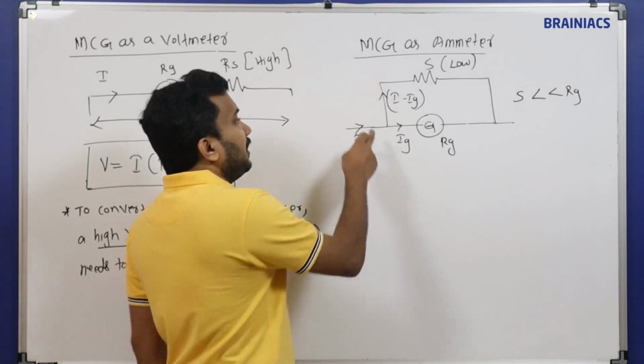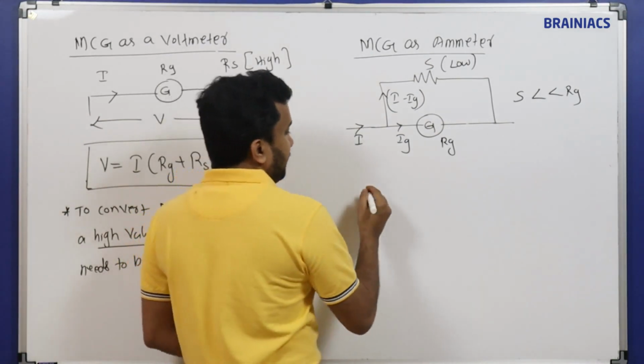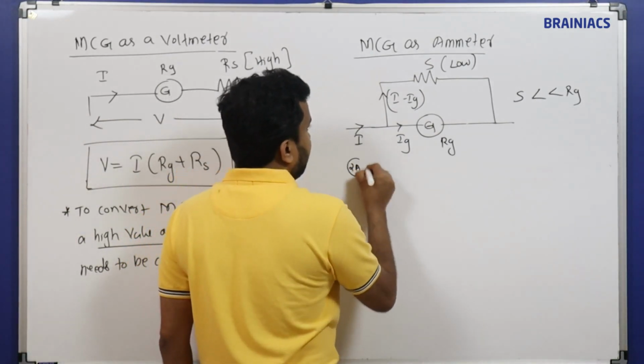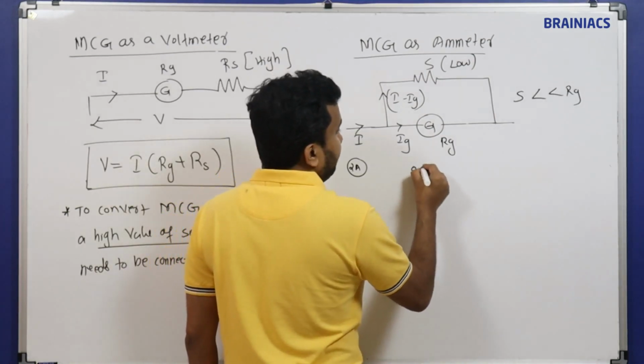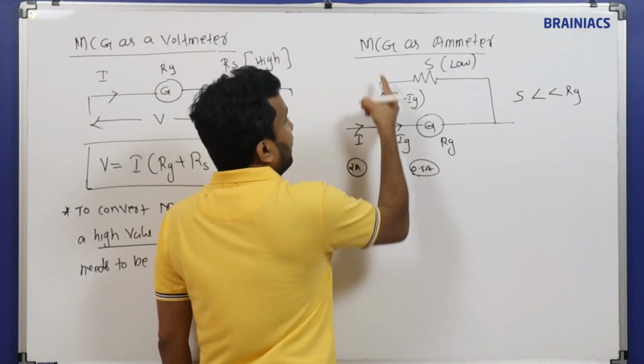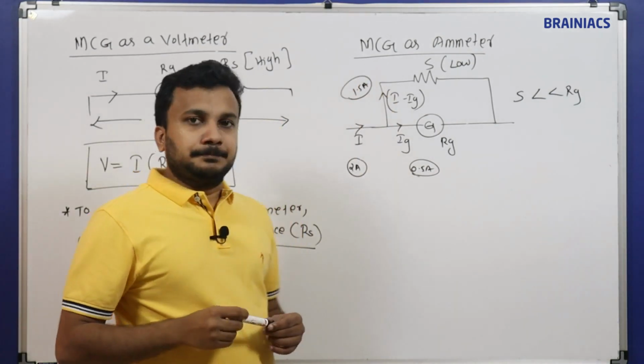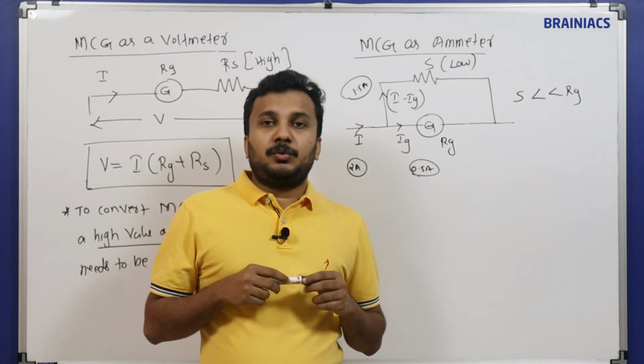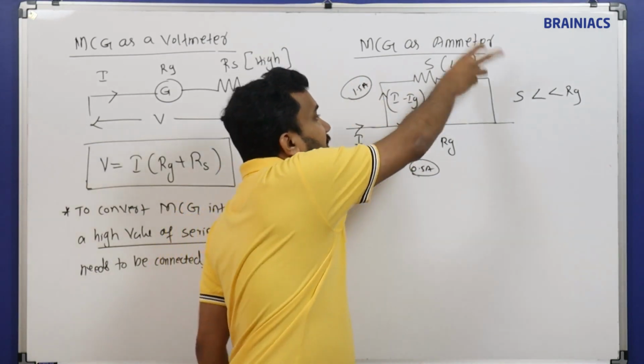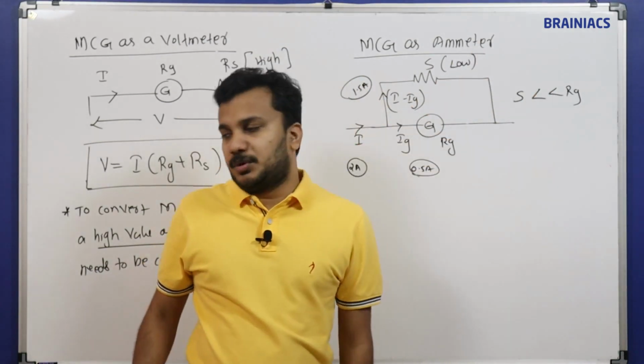Suppose you are giving a 2 ampere current. Out of this, 0.5 ampere goes through the galvanometer. So the balance, 1.5 ampere, goes through the other branch and goes out. This is what is happening.